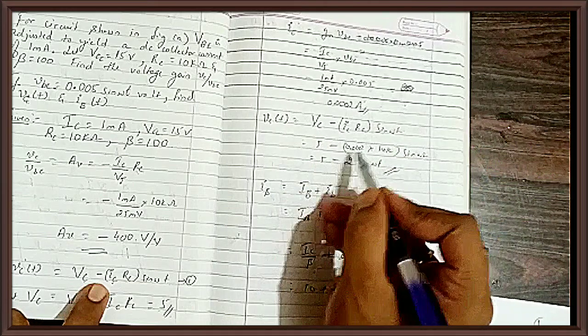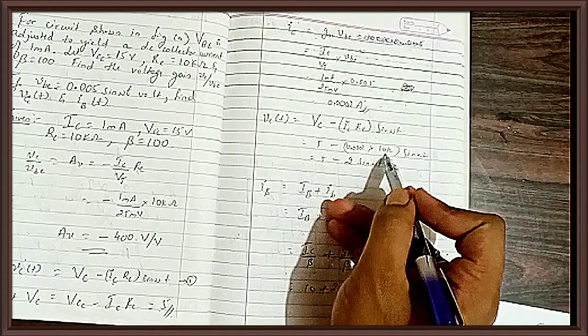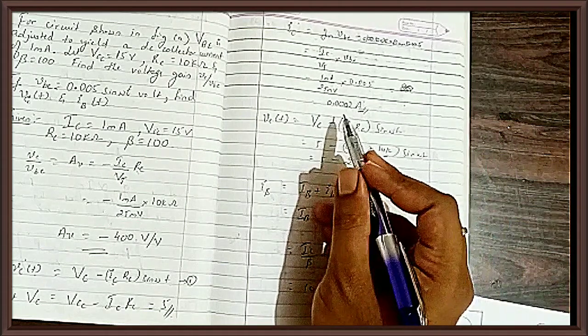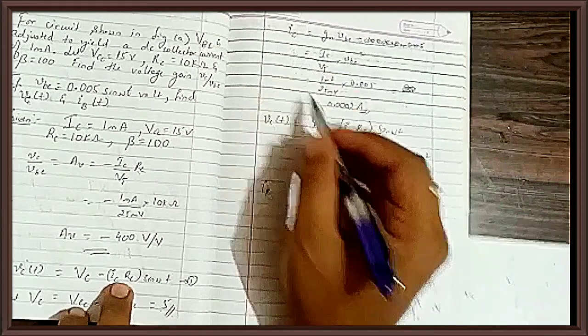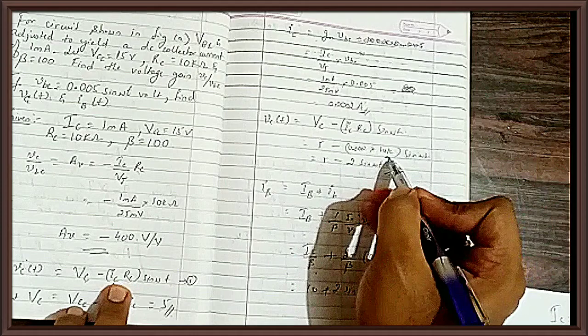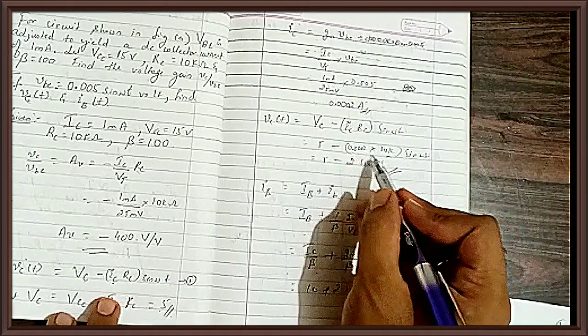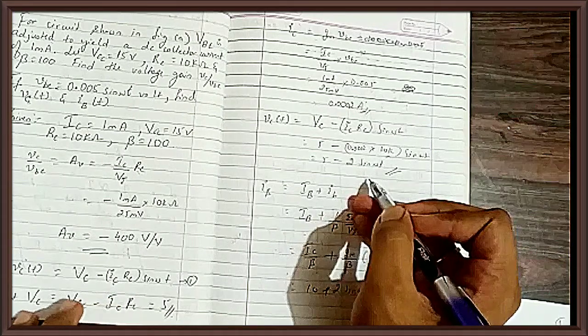So substituting, I'll get this 0.0002. I'll be multiplying it by 10 kilo ohm resistance because this is ic into RC, correct? That will be 10 kilo ohm into 0.0002 sine omega t. That will be equal to 5 minus 2 sine omega t.